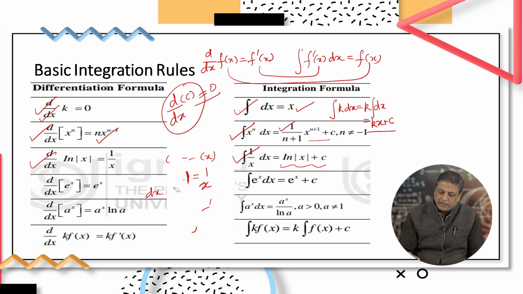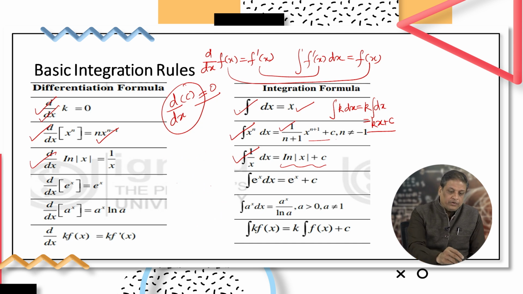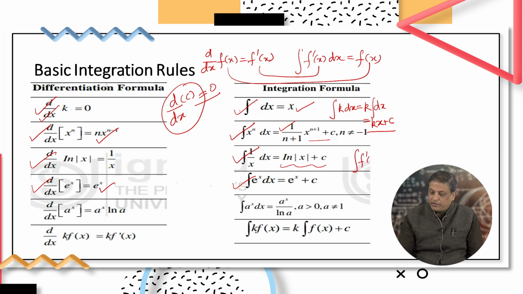Now let's extend our discussion to the other formulas. We learned in differentiation that d/dx of e to the power x is e to the power x. Because there is no change, that's why again it is integral of e to the power x dx. Just remember the definition, integral of f dash x dx is equal to f(x), and derivative of f(x) is equal to f dash x.